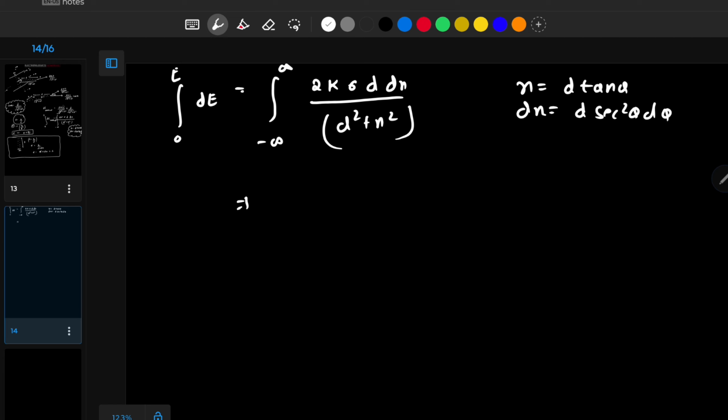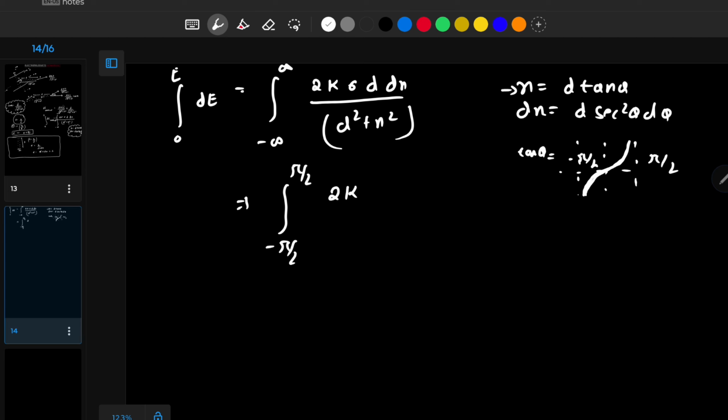If I put infinity over here, it would be pi by 2, and minus infinity would be minus pi by 2. I am sure you are aware of the nature of the graph of tan theta. It goes like this. Here is minus pi by 2, and here is pi by 2. So it would be 2kσ, and in the place of dx we put d square sec square theta dθ.